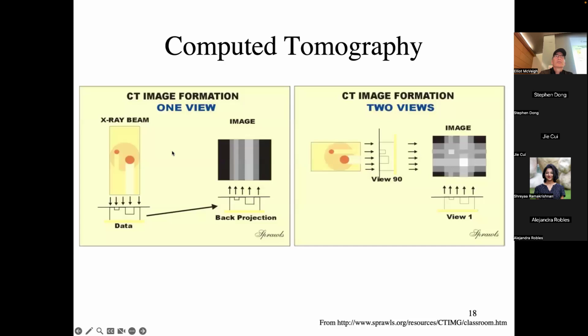So quickly, if I have an object here, this rectangle is my object, and it has a couple of parts. It's got a circle in the middle, it's got a background, and then two high contrast features inside the circle. I send an X-ray beam through this object in this direction, and then count the number of X-rays that land on my detector.